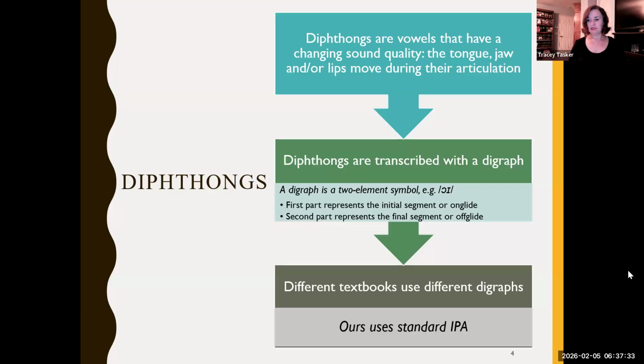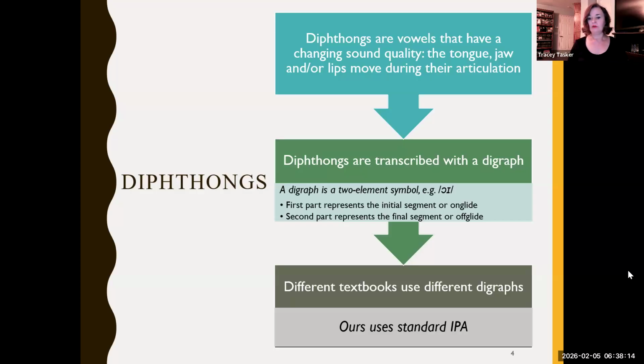If I'm trying to teach a child oi, I might say o, i, and teach them each sound independently and then bring them closer and closer together until they get to oi. Because when we say oi, we're saying it so quickly, those sounds are coming together so quickly that we don't notice that there's actually a shift in the articulation. So again, in this example, o would be the on glide and i would be the off glide.